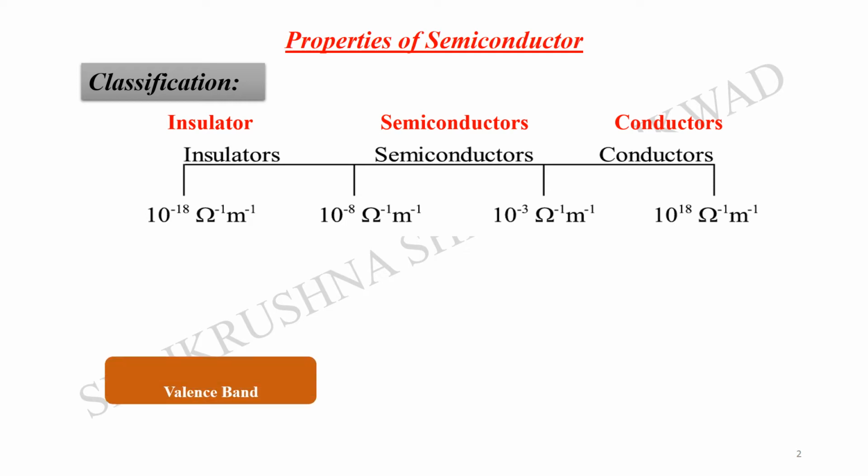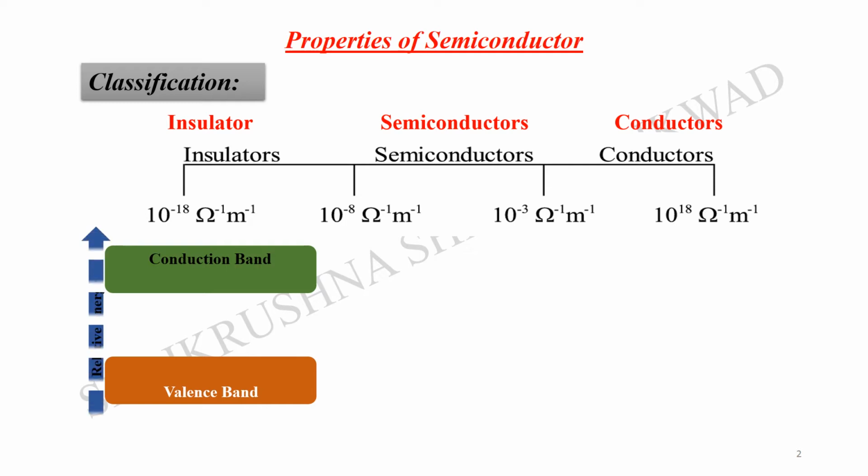This is the valence band, and obviously the valence band is below and the conduction band is above, right? Then on the y-axis the relative energy difference is given, okay, and it is for all three figures, right?